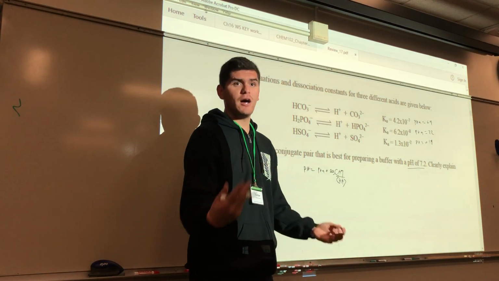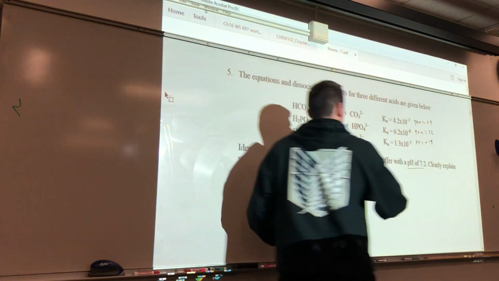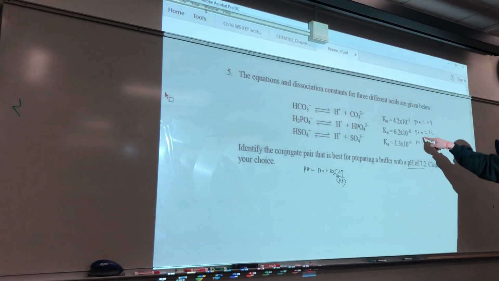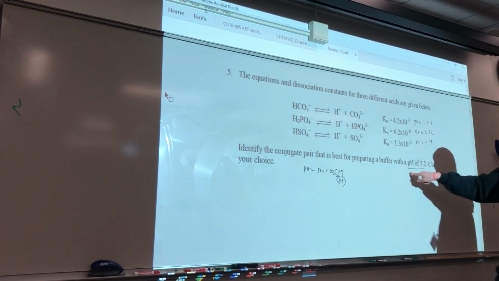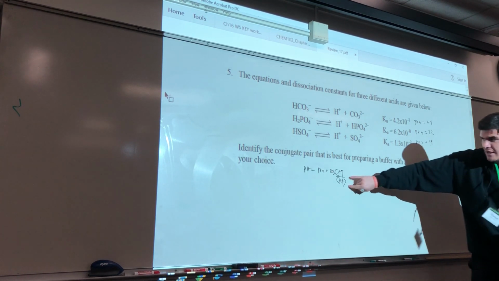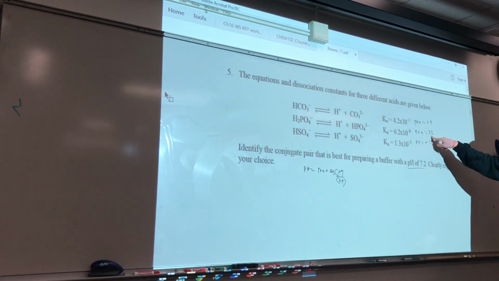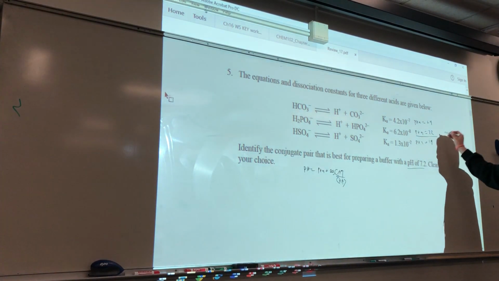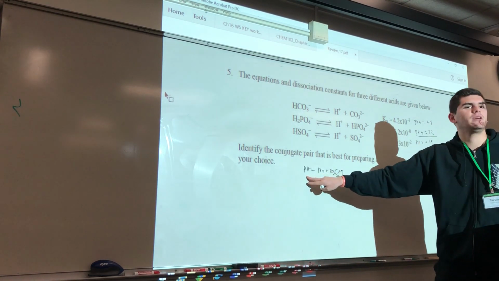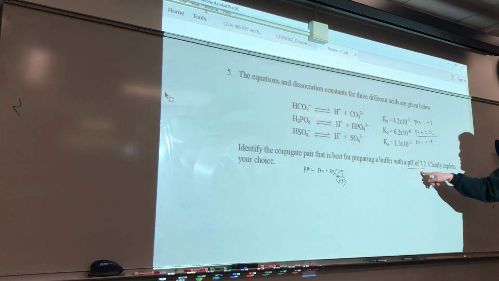And if we take the log of 1, we get 0. So if we assume that these concentrations are the same, and we're at a pH of 7.2, we'll get a pKa of 7.2 with this one. So by default, this would be the best choice, because if we assume that these are the same, our pKa is just equal to the pH, and that hits spot on with the 7.2.